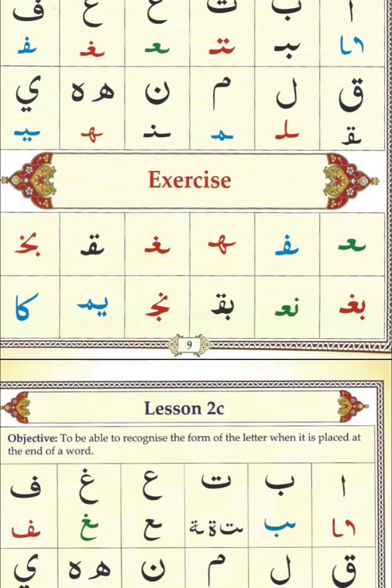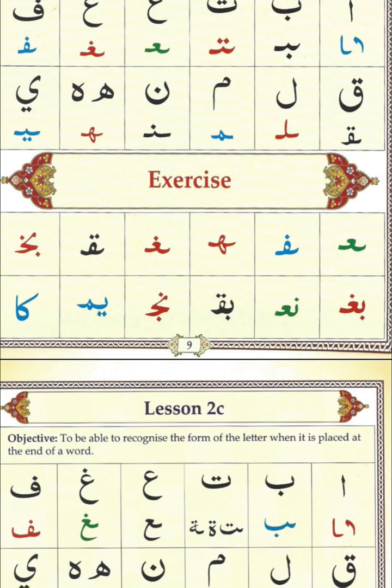Next one, first letter ba, and then qaf here, ba qaf. Next one, the first letter is noon on top here, noon. And the second one, which is underneath, that's jim. So noon, jim. Next one, ya, mim. The last one, first letter kaf, and second letter is alif, that line. So kaf, alif.